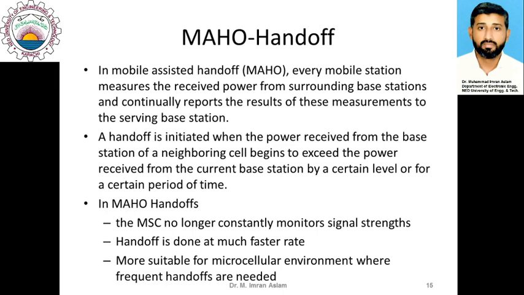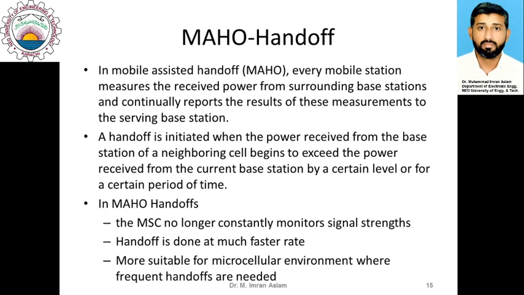So any mobile station that is in a call keeps on tracking the received power from all the base stations and reports these measurements to the serving base station. In this case, the base station keeps on comparing the power level with itself and all the other base stations that are being reported by the mobile stations.